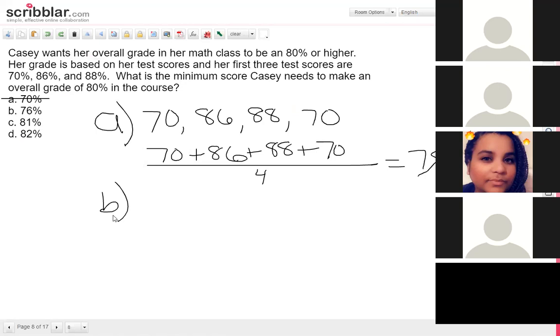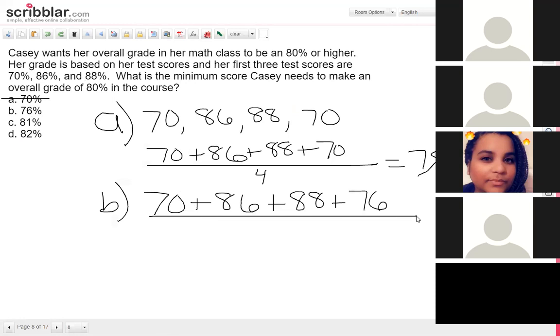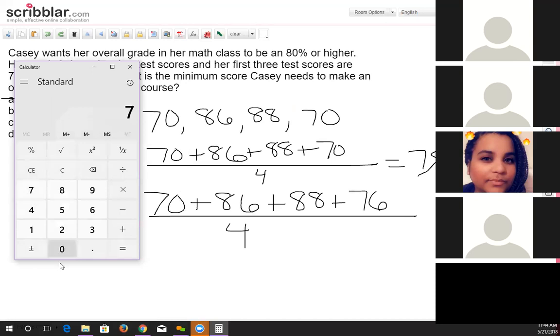So the only problem with doing the multiple choice is we don't know how many times we're going to have to try this, but it's a good strategy, and I've shown you in a lot of different ways. It's a good strategy to use your answers when you can, if you can't remember how to do it the regular way. So answer choice B, we're going to still have the same 3 beginning test scores, but we try 76 instead, and we find this average, which we know, since we've already solved it, will be the correct average, but it's good to still show all of it.